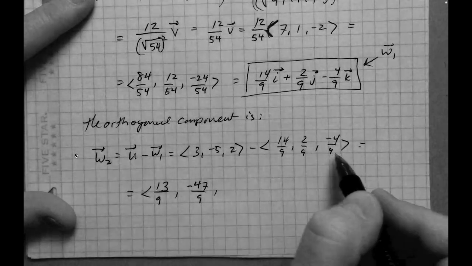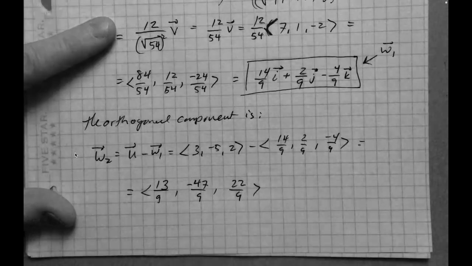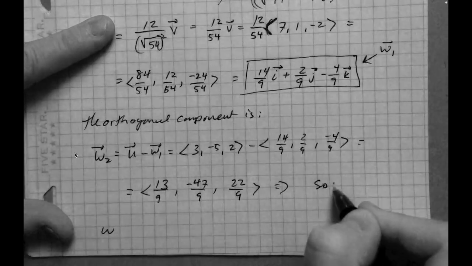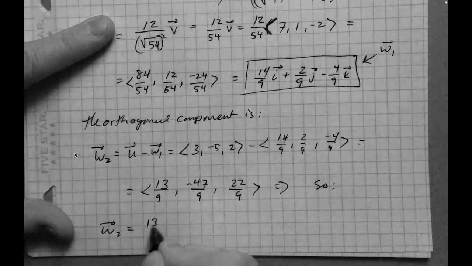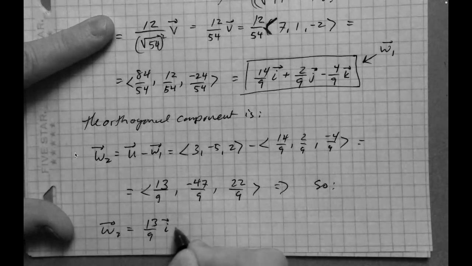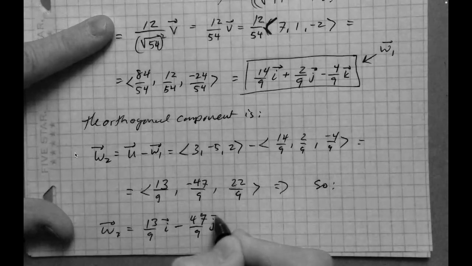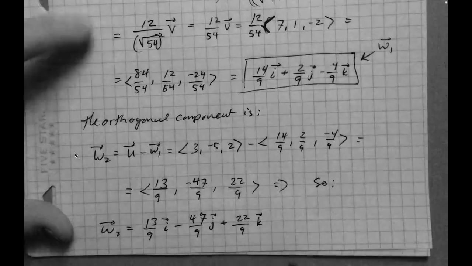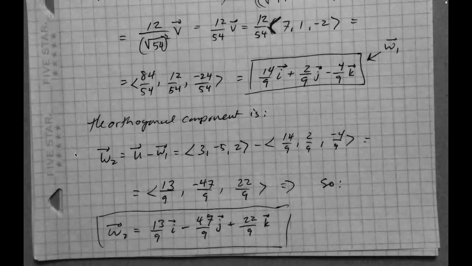And 2 minus negative 4 ninths is 22 over 9. So w2 is equal to 13 over 9 times the i vector minus 47 over 9 times the j vector plus 22 over 9 times the k vector. And so there's your w2. You've got both pieces.